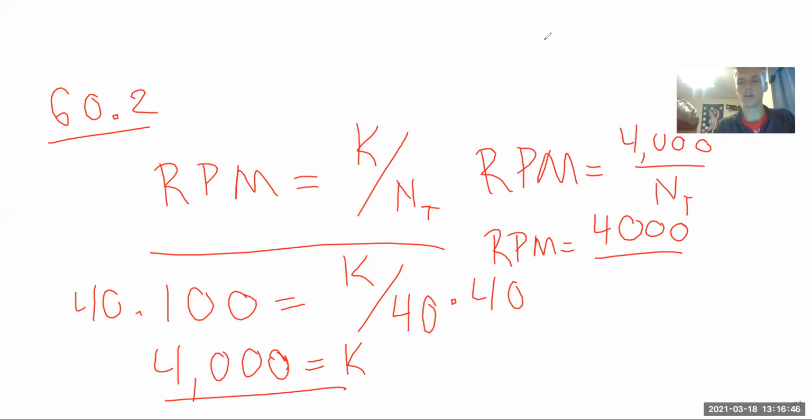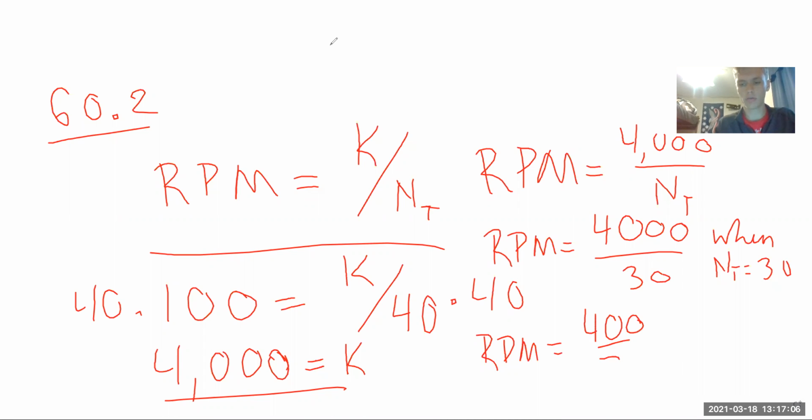So we substitute in 30 for the number of teeth. So RPM equals 4,000 over 30, which is 133 and 1/3 RPM for 30 teeth.